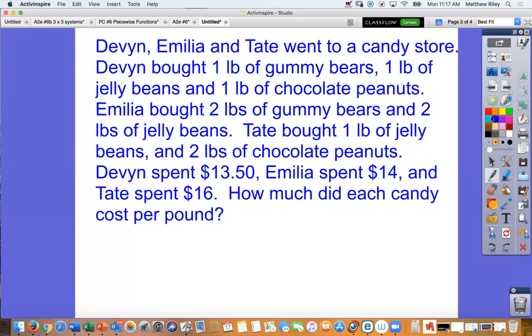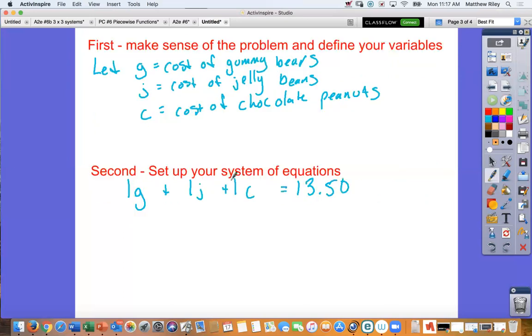Amelia bought 2 pounds of gummy bears and 2 pounds of jelly beans, and she spent $14. So 2G plus 2J equals 14. I'm leaving the C blank. I could write plus 0C, but I don't really need it, since she bought no chocolate covered peanuts.